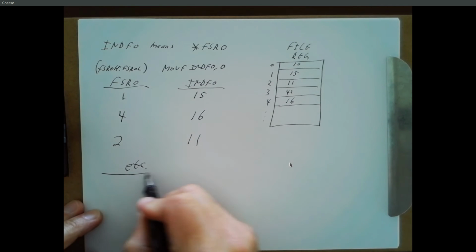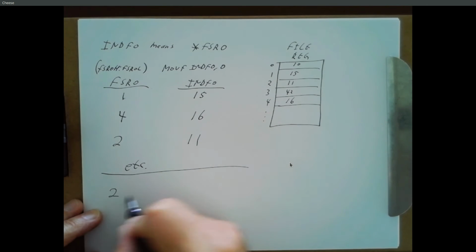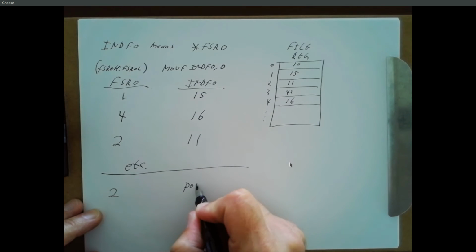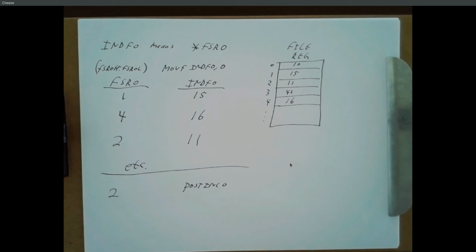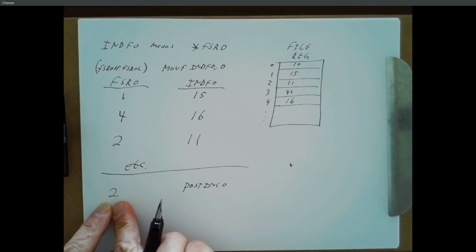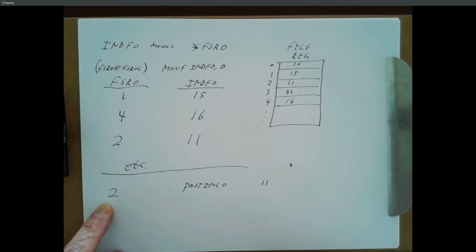Now, if you want to get fancier, suppose FSR0 is a 2, and I do something with postinc 0. I move postinc 0 to W. Postinc 0 is not 2, it's the contents of file register 2, which is 11.